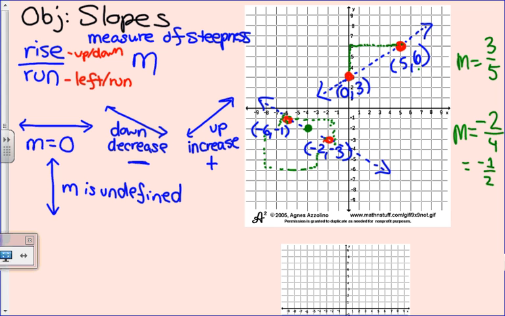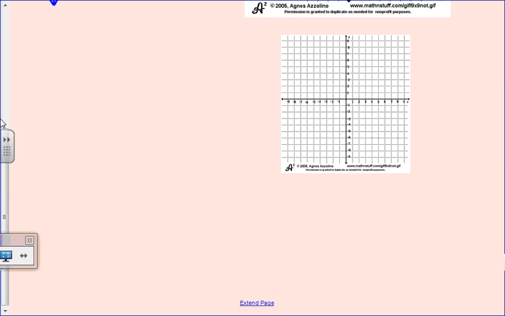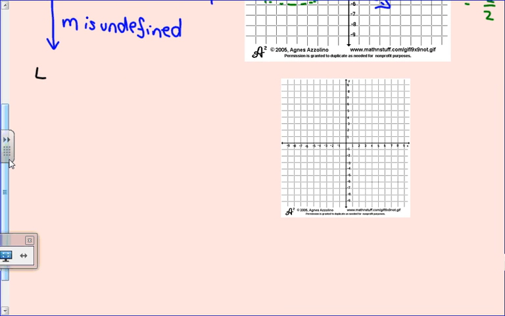Yeah. So I want to practice some of that. Just look at this without looking at the picture at all. And once you think about it, what is rise?